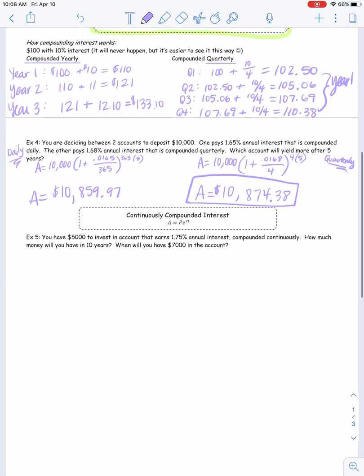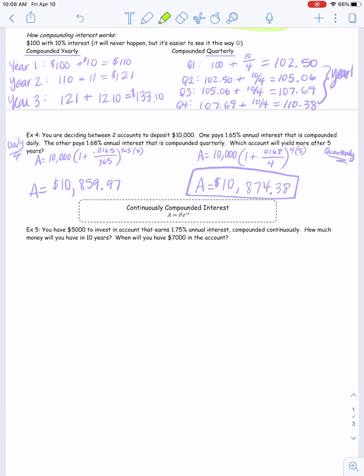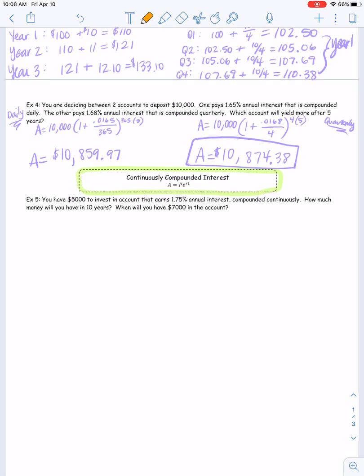So here's what we have for example 5. And notice we have a slightly different function to work with. So here we go. It says you have $5,000 to invest. So $5,000 is our principal amount.